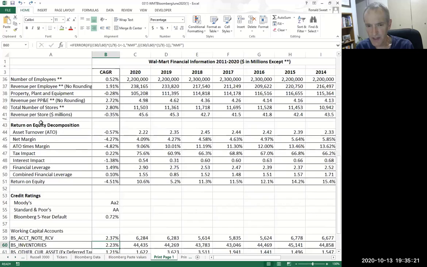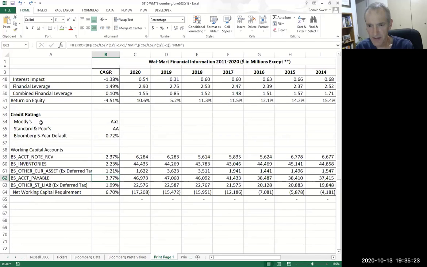We can look down here and see the liabilities, but what we notice very quickly is that the biggest asset and the biggest liability are really tied up in two numbers. Their inventories have been growing more slowly than their payables, and that is the main reason why Walmart is becoming more liquid.